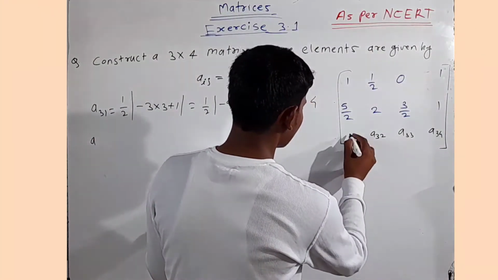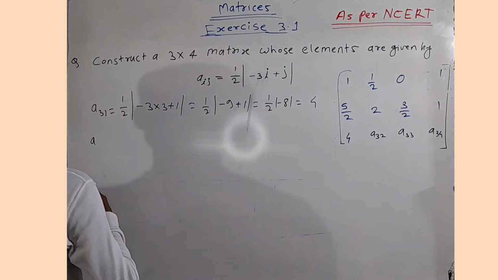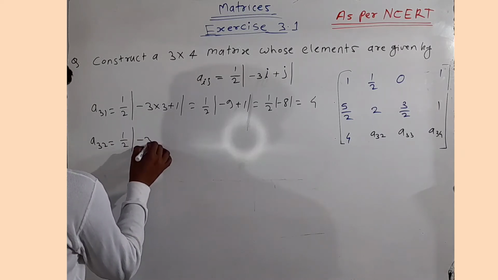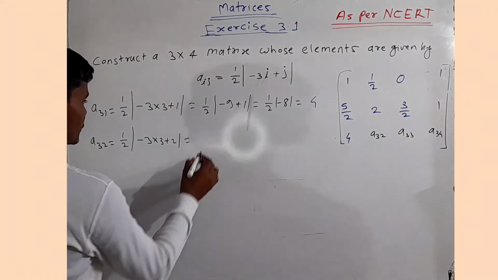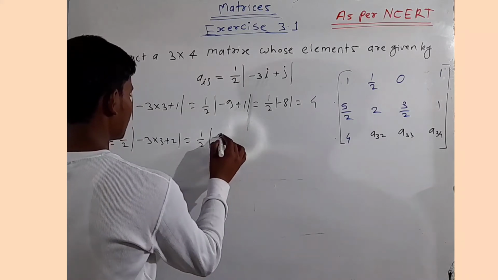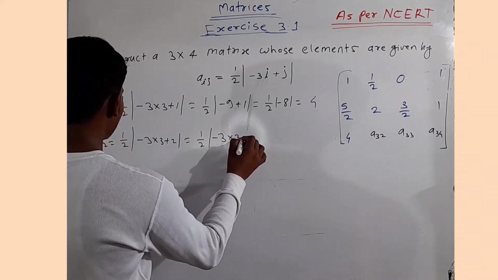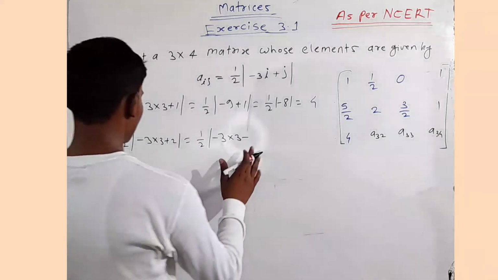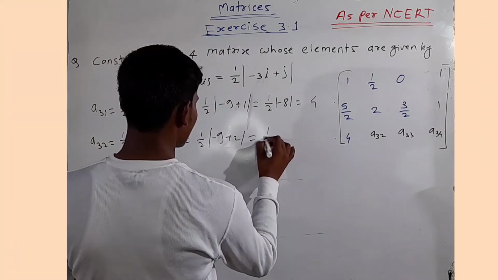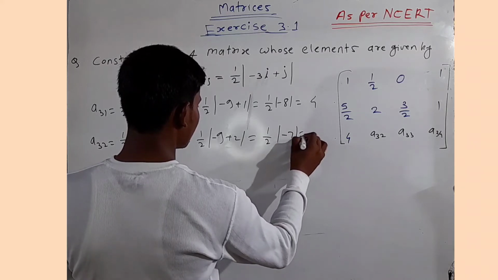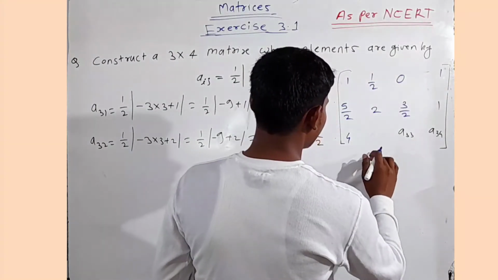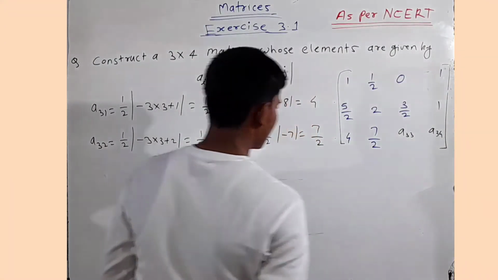A31 is 4. Then next A32 equals 1 by 2 mod minus 3 into 3 plus 2, that is minus 9 plus 2, which equals 1 by 2 mod minus 7, which equals 7 by 2. So the value of A32 is 7 by 2.